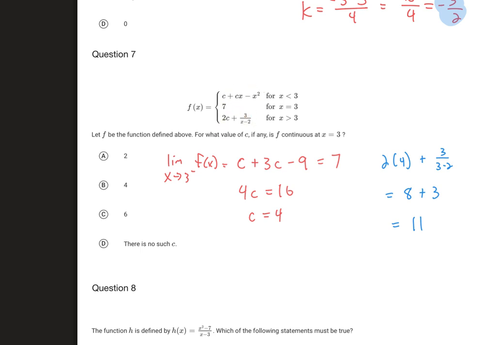That same value of c didn't make the bottom 7, so there's no value of c that makes the top and bottom 7. So we could have solved for some value of c that made the bottom 7, but that value of c wouldn't have made the top 7 because we know that there's only one value of c, and that's 4. So okay, no value of c in this case.